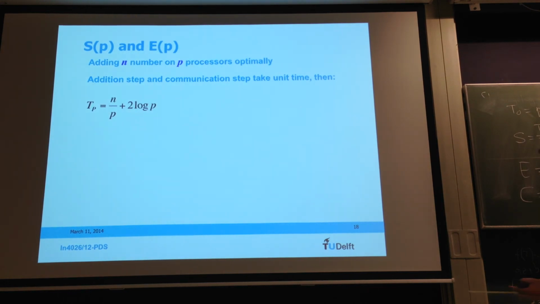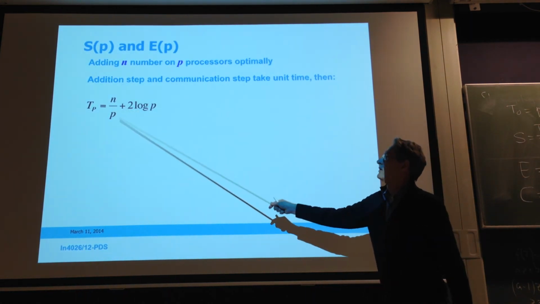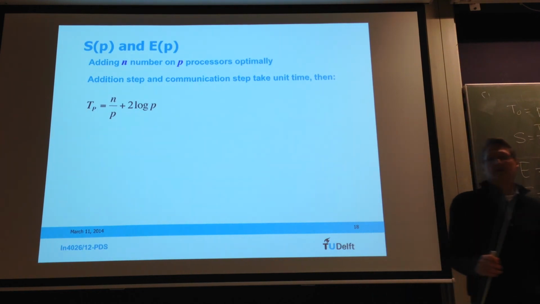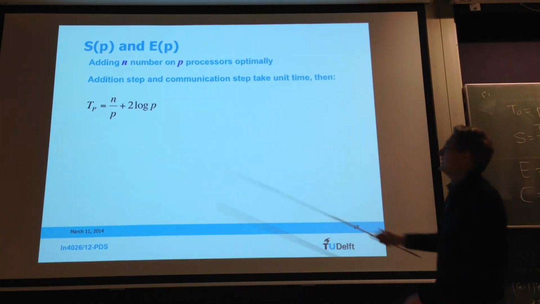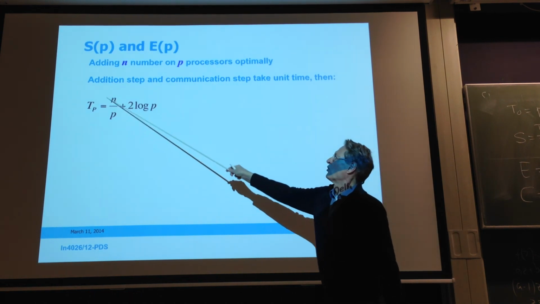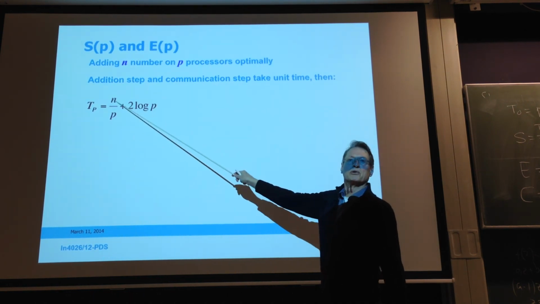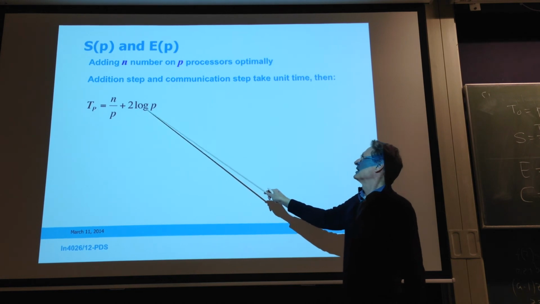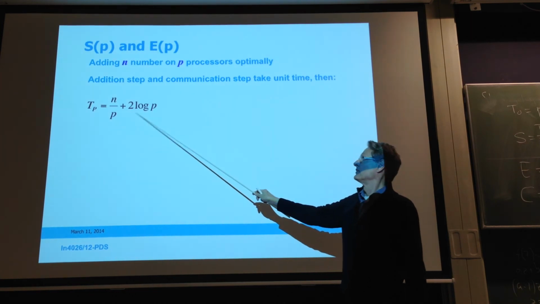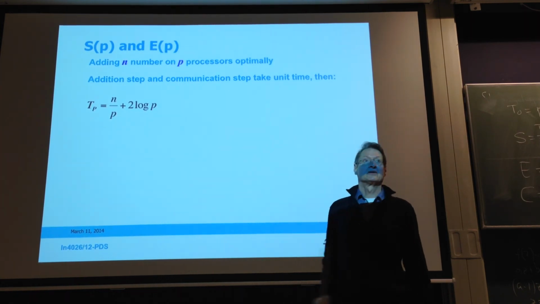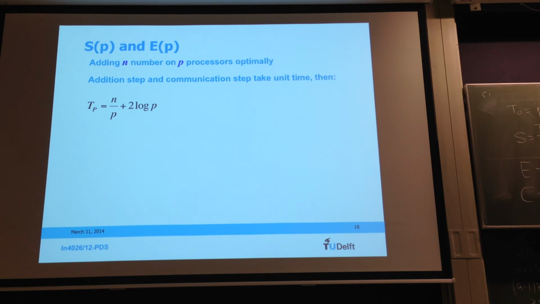Then the parallel execution time is equal to n over p plus 2 times log p, because in the reduction here the things are local, right? So we only have the operation times, and here we have to do a communication step and an addition, which is 2, right? And that log p times, and we're done.